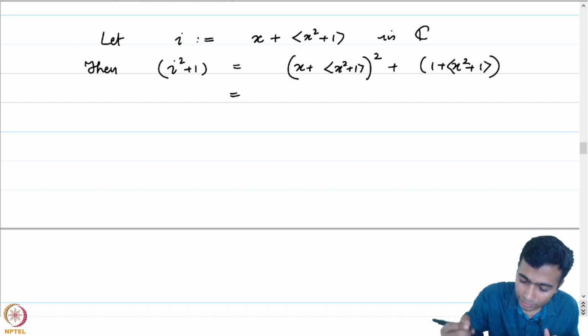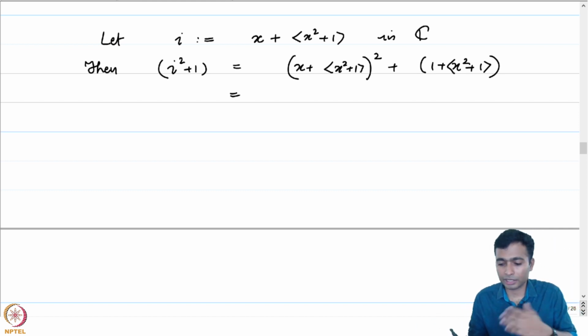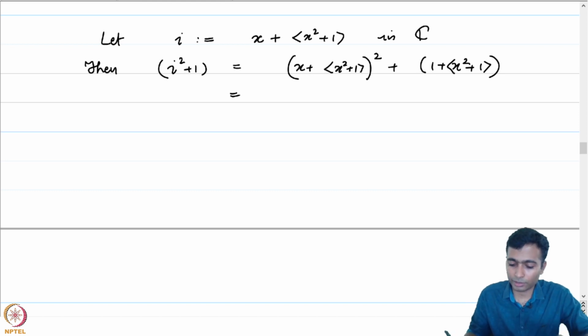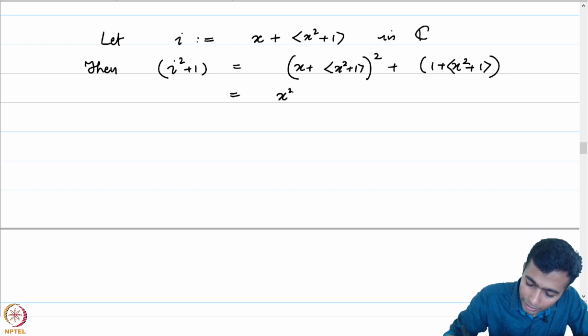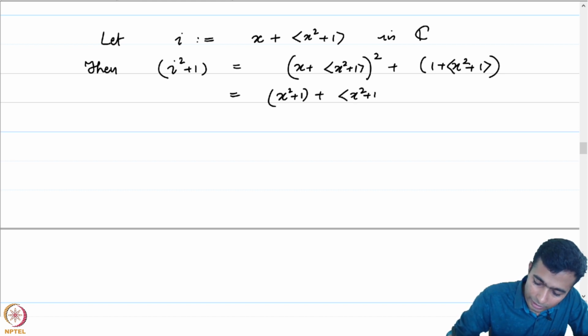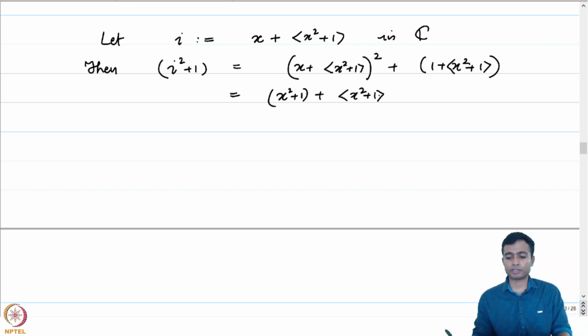And by the definitions of multiplication and addition that we have defined in the quotient, this is going to be x square plus 1 plus the ideal generated by x square plus 1. But the coset represented by x square plus 1 will be the 0 element itself, right?